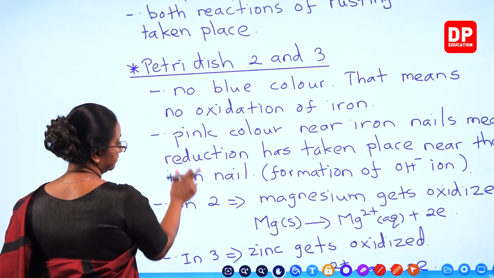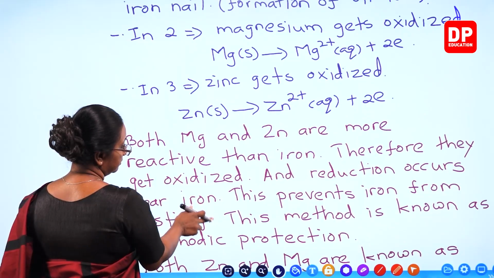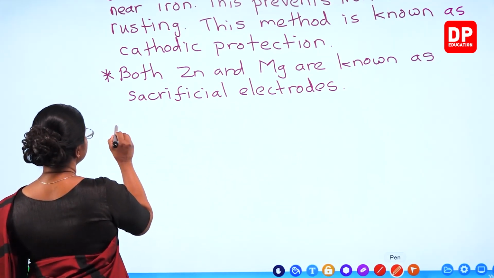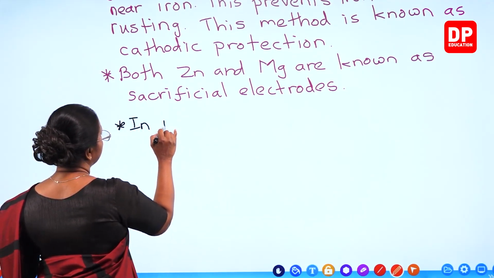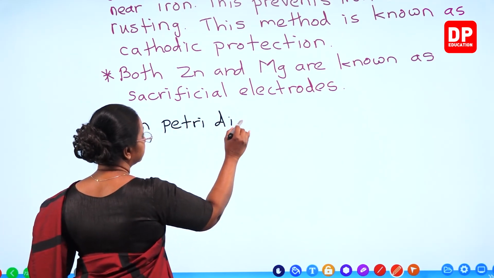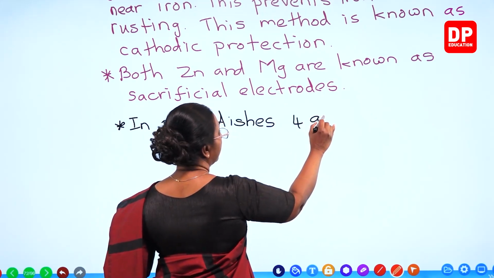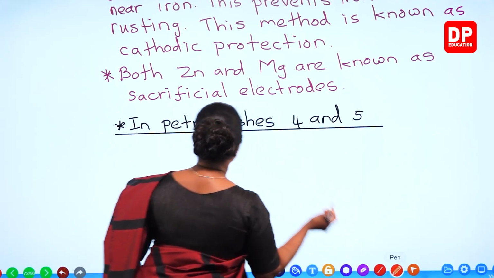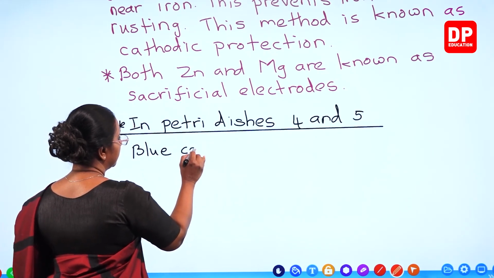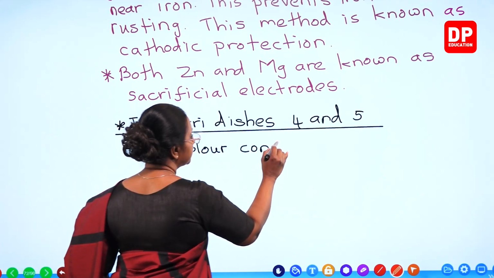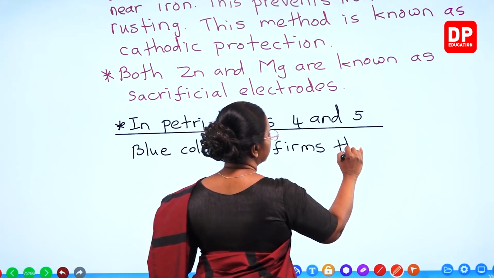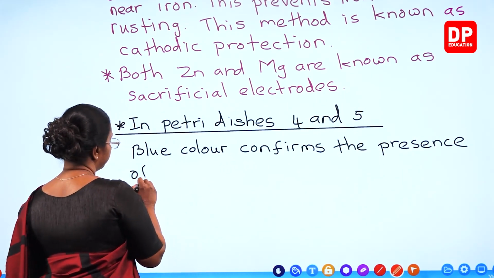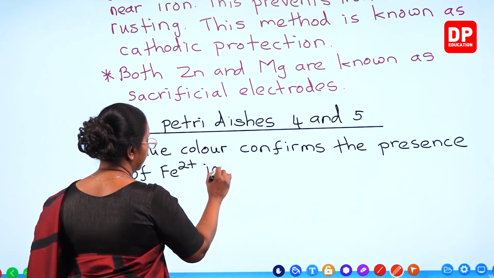So in this one, if we try to understand the observations in petri dishes 4 and 5, blue color confirms the presence of Fe2 plus ions.